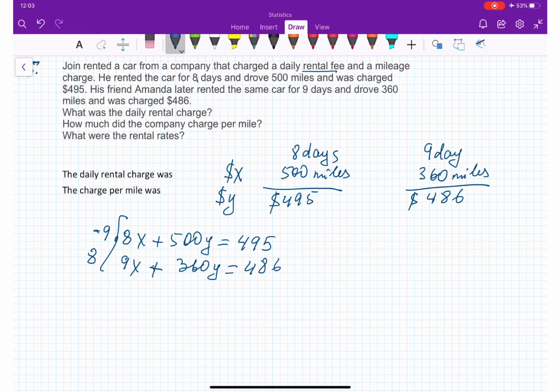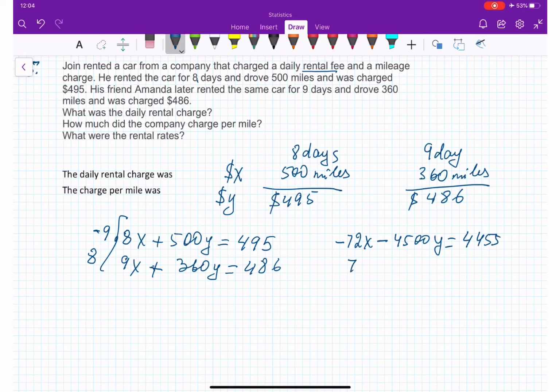Okay, so -9 times 8x is -72x, plus -9 times 500y is -4,500y, and equals 495 times 9, which is 4,455.